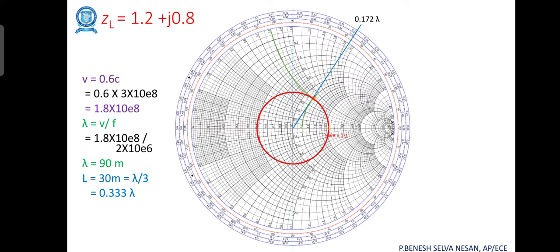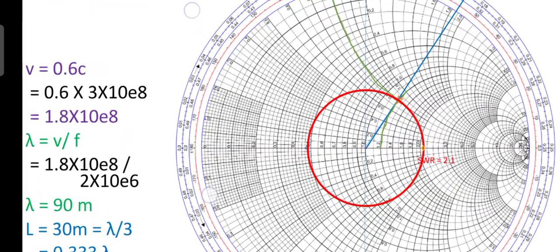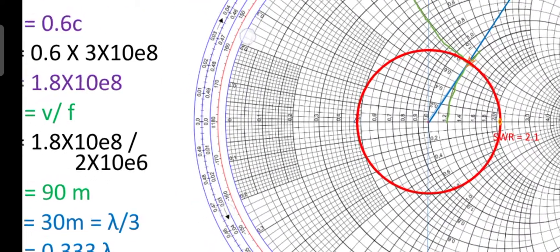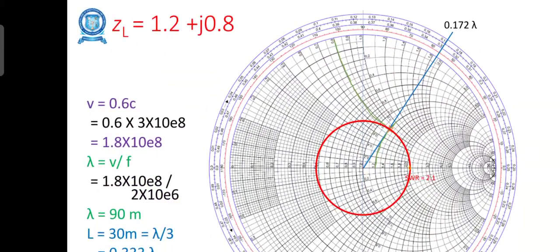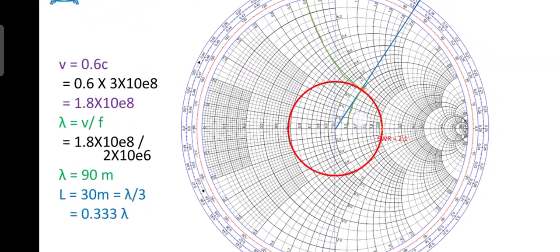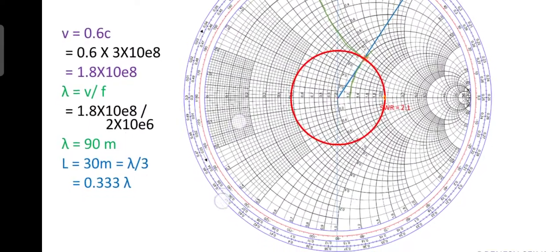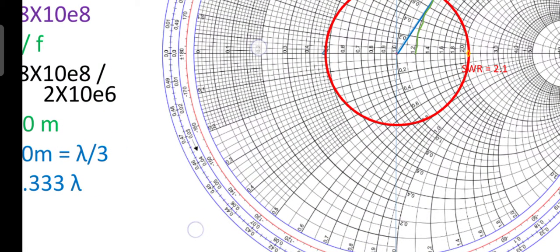On the outer circle, this arrow mark represents wavelength towards generator, and the arrow mark at the bottom of the circle is wavelength towards load.